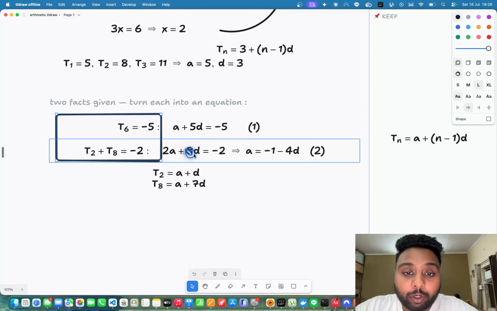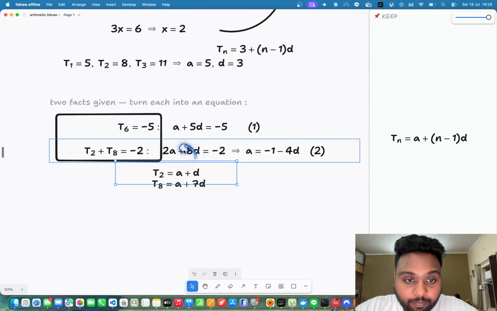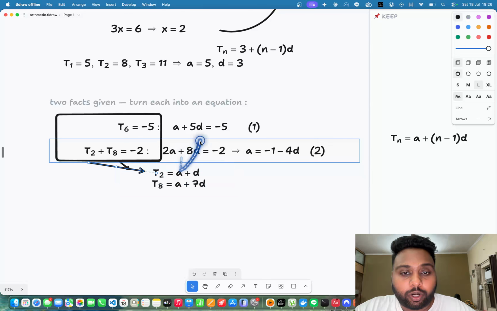I converted this into terms of a and d also by adding t2 and t8 together, and I just wrote it like that.